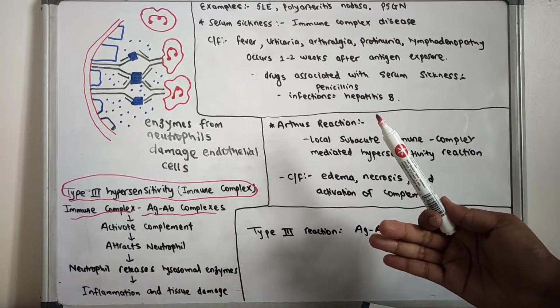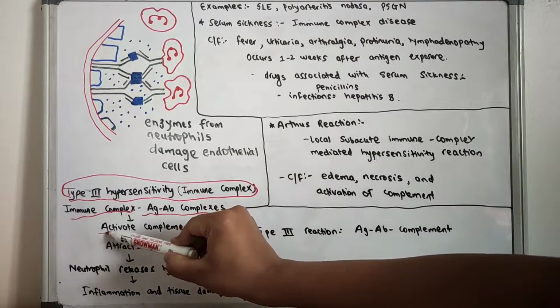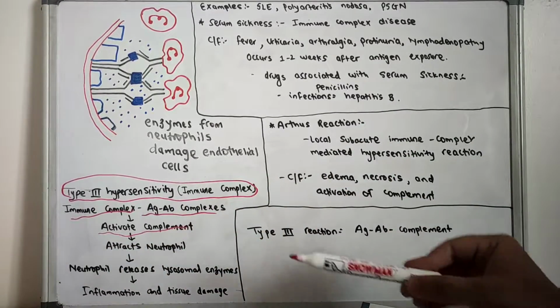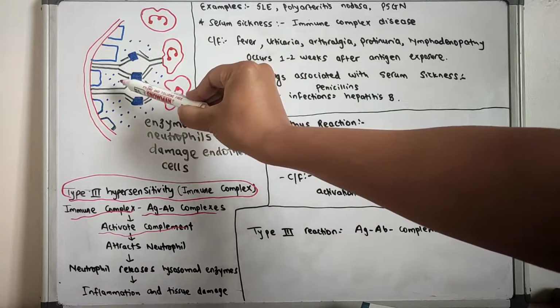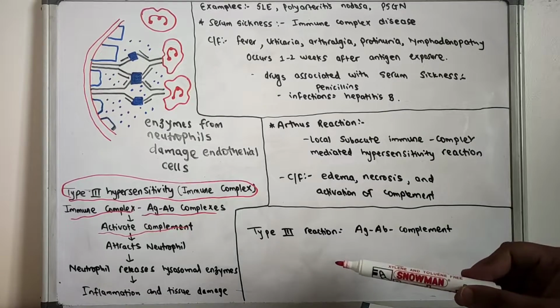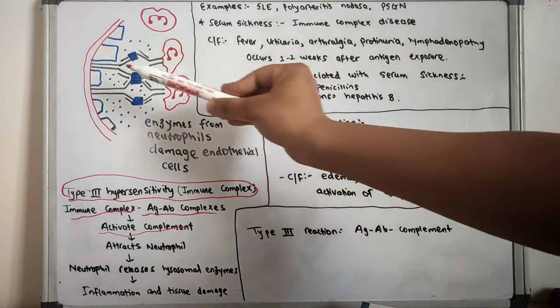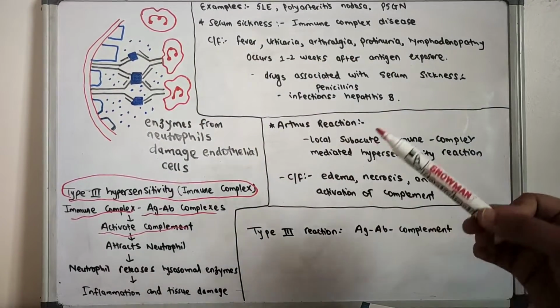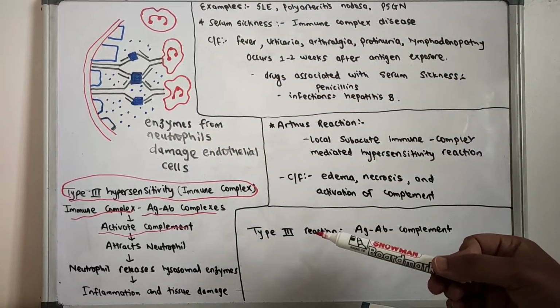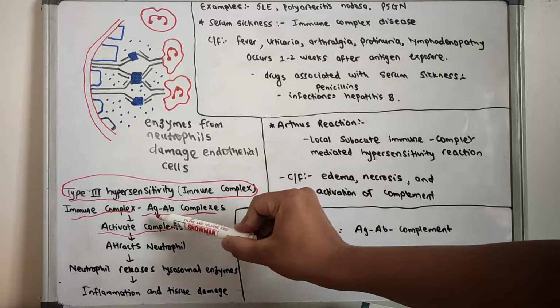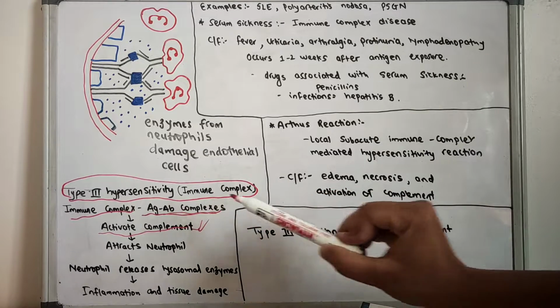There is formation of antigen antibody complexes, which ultimately activate the complement system. You can see this is the antigen and these are the antibodies. This type of antigen antibody complex gets deposited on the surface of the endothelial cells.